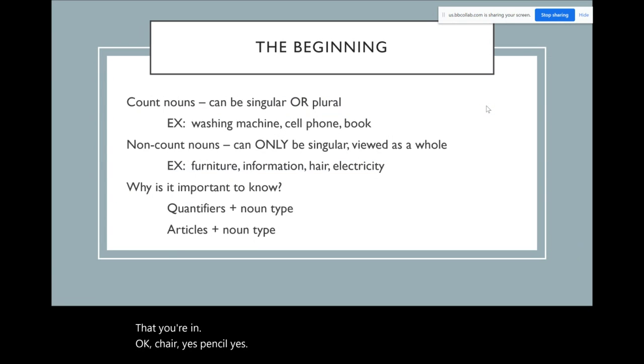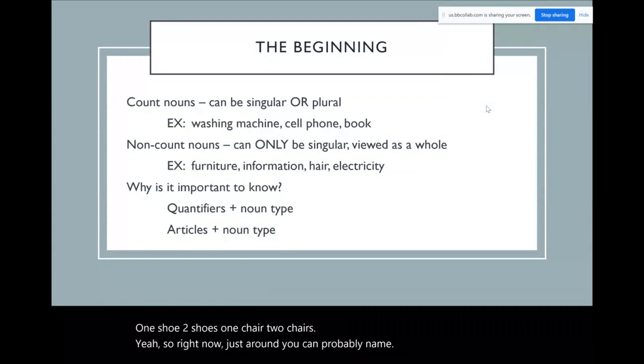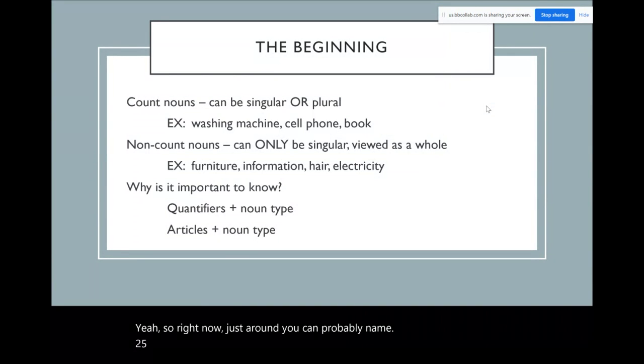Shoes. One shoe, two shoes. One chair, two chairs. Right now, just around you, you can probably name 25 or 30 count nouns, so these are very common.